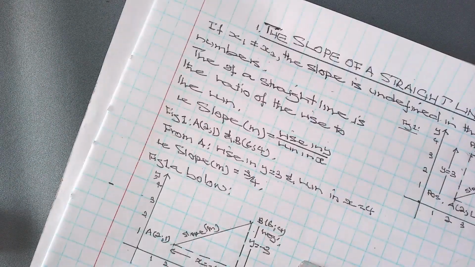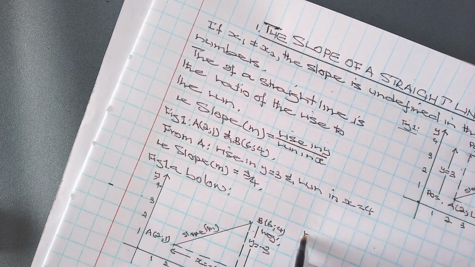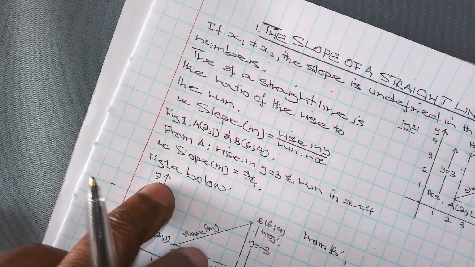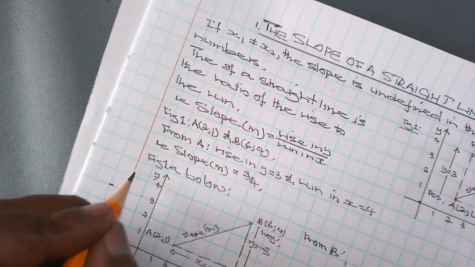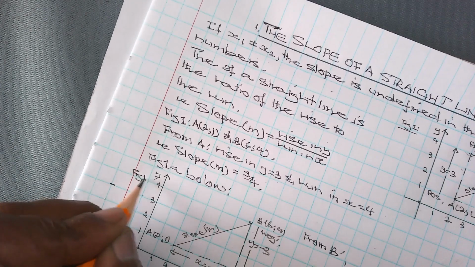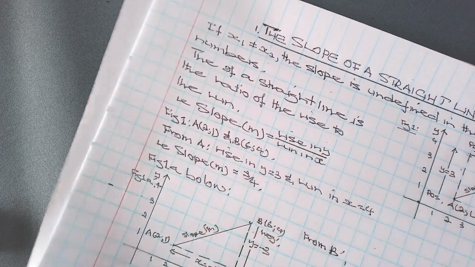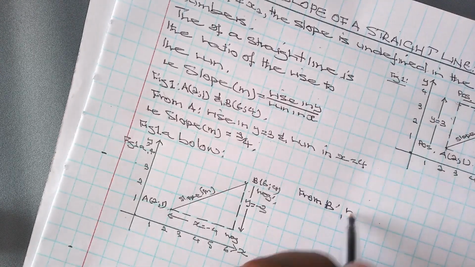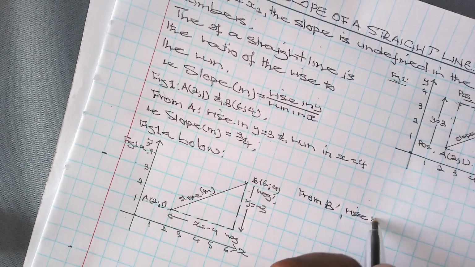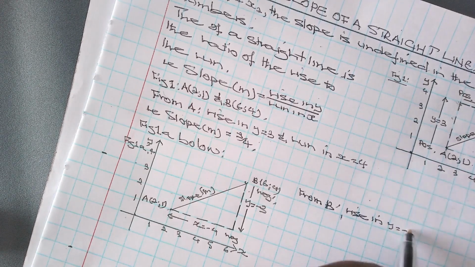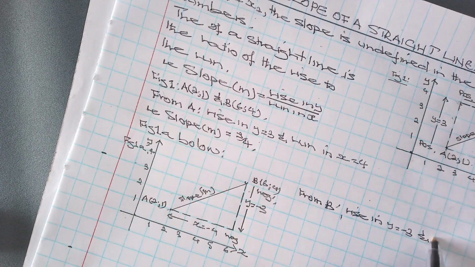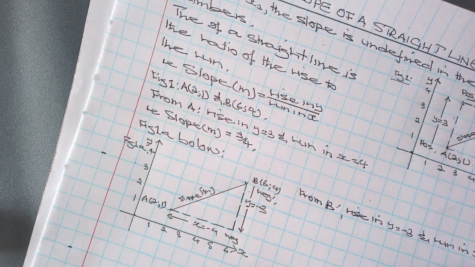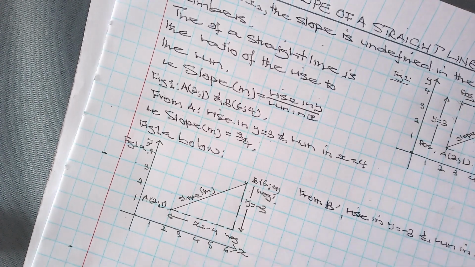From B, figure 1A below. Let's mark it as figure 1A. From B, rise in y equals -3 and run in x equals -4.